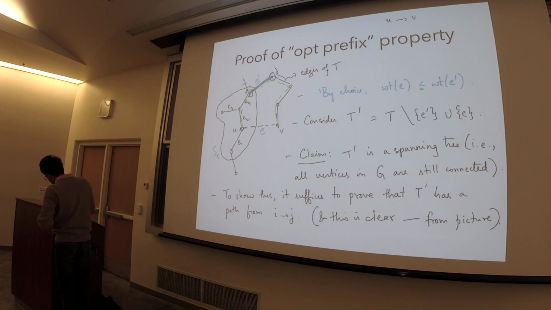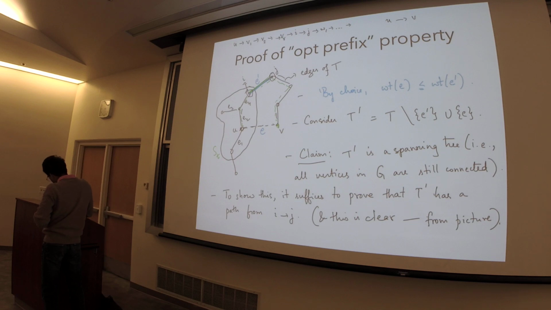So let's say this path used edges from U to some V1, V2, and so on, up to some V_R. At some point you hit I to J, and then you hit some W1, and so on.